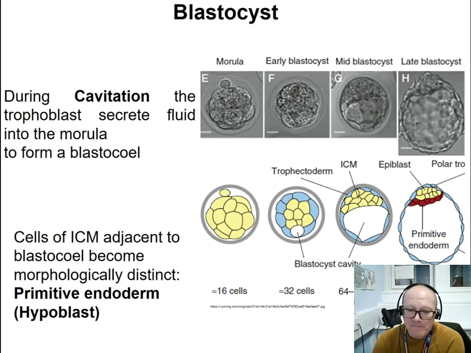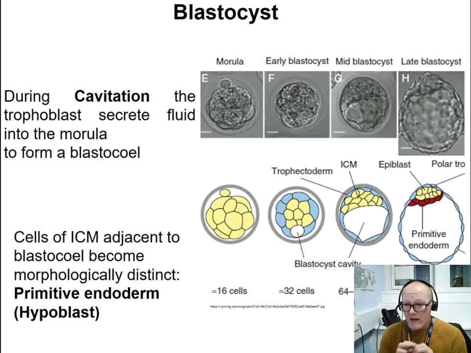The epiblast are the cells of the ICM that are not in contact with the blastocoel or the blastocystic cavity. Then there is another group of cells of the ICM that is in contact with the blastocoel, and this is called the primitive endoderm, or hypoblast. So at one point, when the blastocystic cavity becomes big enough and pushes the ICM toward one side, we can recognize two kinds of cells.